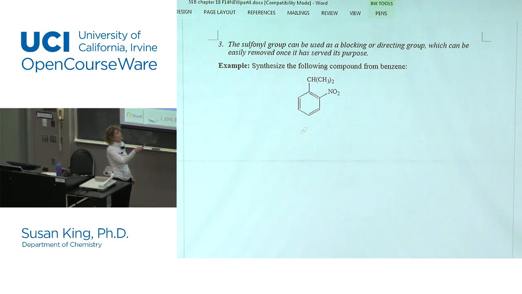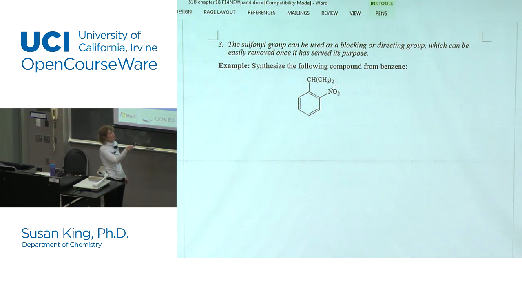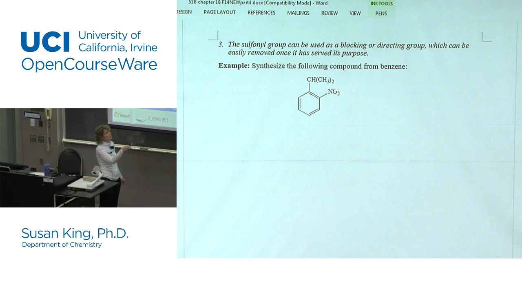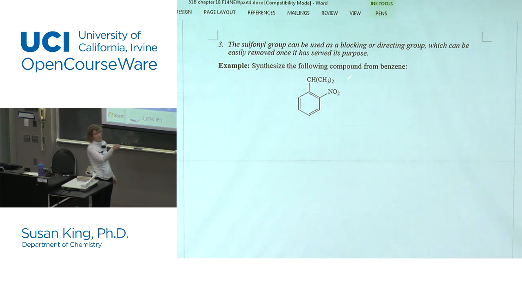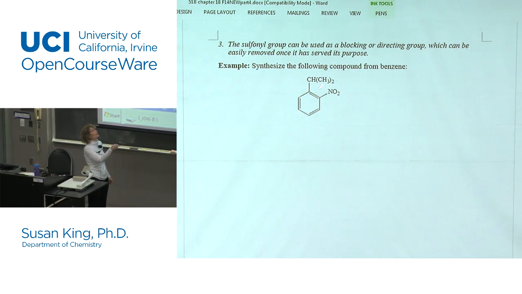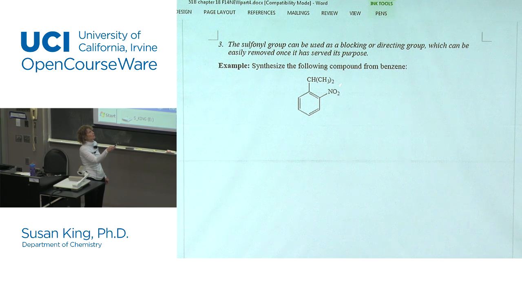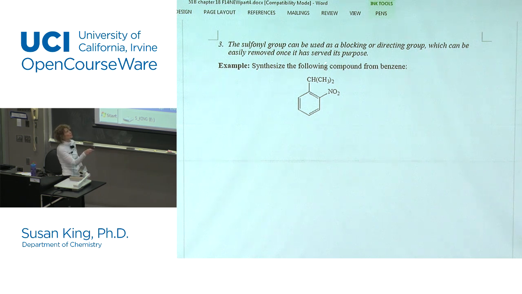But it's an ortho-para director. Ortho is your minor product because it's kind of bulky, right? So maybe we'd get 20% nitro here and 80% in the para position. Our major product's going to come from the para because this is bulky.